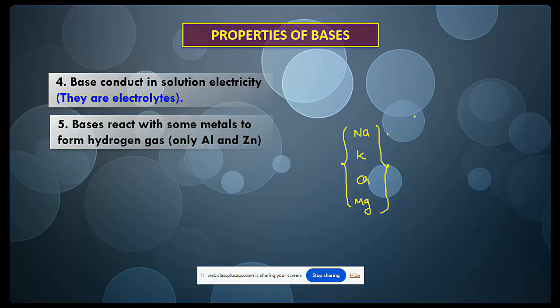So here, NaOH, if it reacts with Na, there is no chance to get hydrogen gas. That's why bases react with only two types of metals to liberate hydrogen gas. One is aluminum and another is zinc. Keep it in mind.